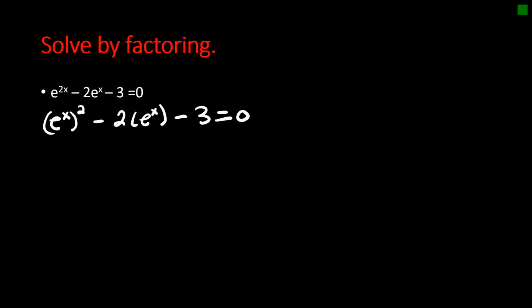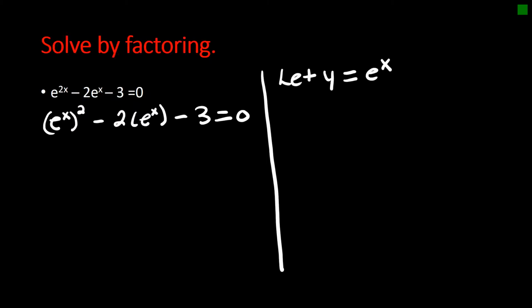Okay, we can write it in that manner. Now, if you let y equal e^x, then you have a similar problem. If you substitute y in here for e^x, you have y squared minus 2y minus 3 equals 0. And this should be something that we know how to factor.